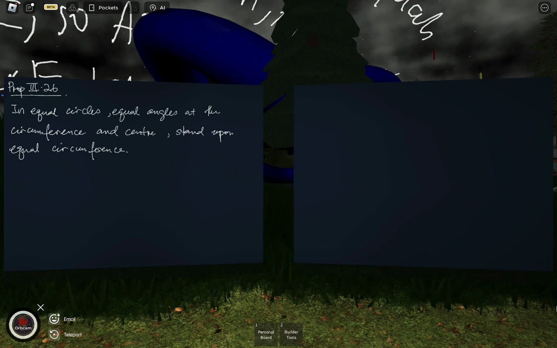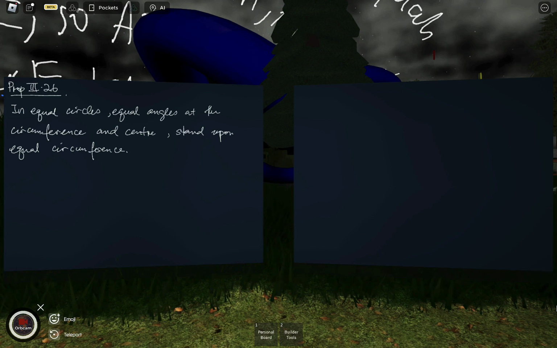So the statement of the proposition has maybe a superfluous hypothesis. Like we proved in the previous proposition, 24, the angle at the center is double the angle at the circumference if you're talking about the same circumference. So really it's superfluous, but I think in the proof they assume both. So I'm going to keep that and just make a comment here. You only need one. The other follows if you have equal angles and circumference.